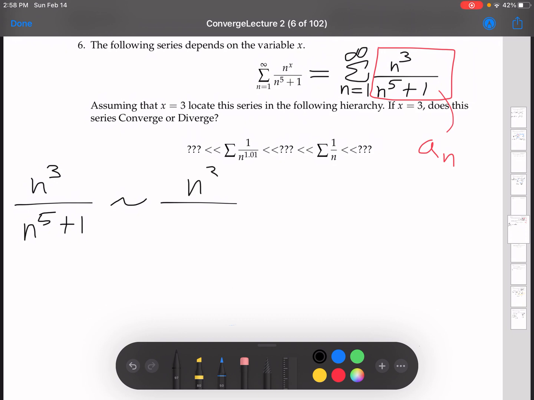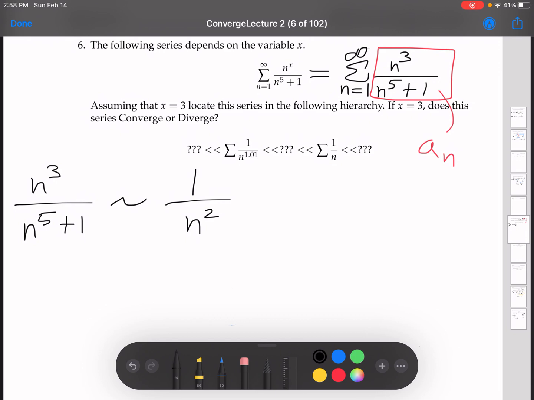So we have n cubed over n to the 5th, which again is similar to 1 over n squared. So I'll just write that there, 1 over n squared.